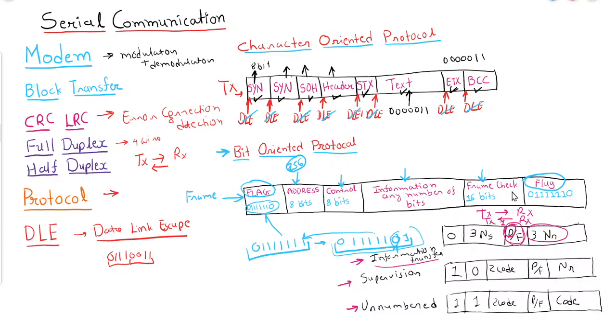Now next is supervisory mode. The supervisory format of the control field is recognized from the first 2 bits, 1 and 0. The next 2 bits indicate the type of command. This is followed by a P/F bit and the receive sequence frame count. The frames of the supervisory format do not carry any information field.